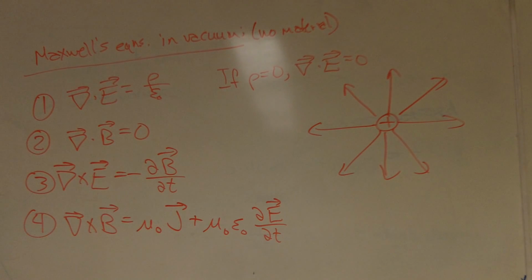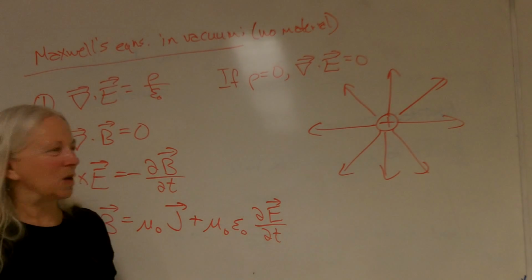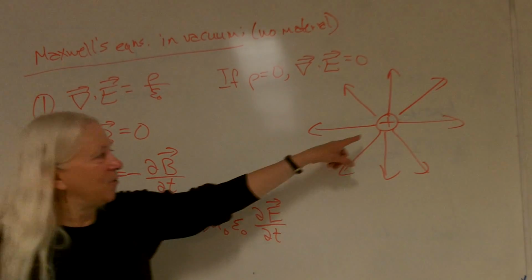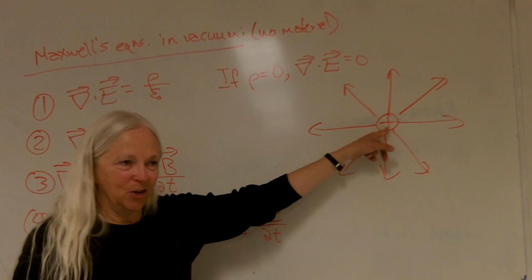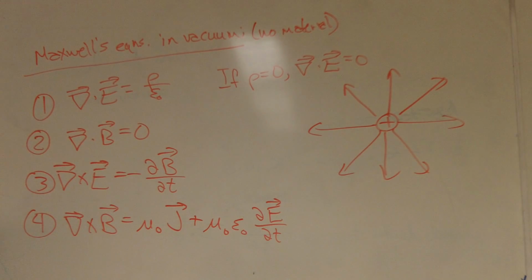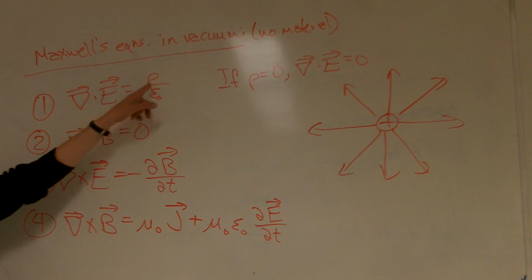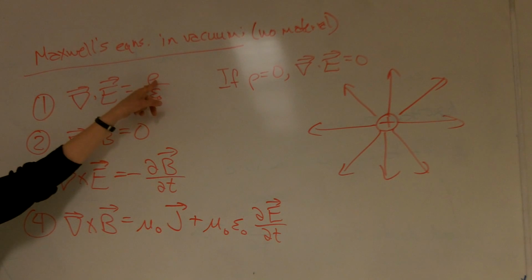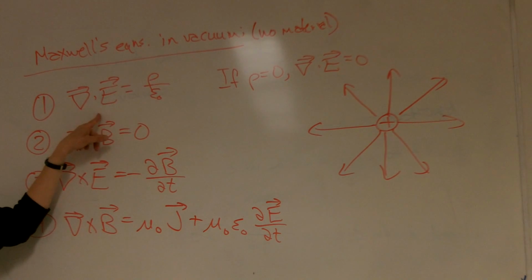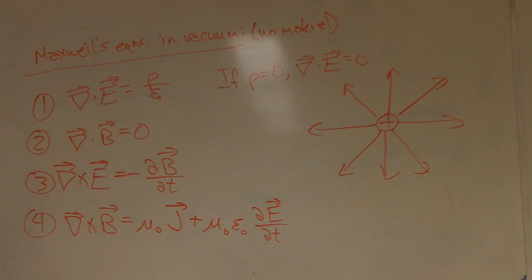We just talked a few moments ago about the fact that when we have field lines, whether the electric field or some other vector field, diverging from a point like they do here from this charge, that means we have a divergence of that vector field that's non-zero. In fact, it's positive because the field lines are pointing out. They're diverging from that point. So in other words, a positive charge, a positive value of rho, gives a positive divergence for the electric field.